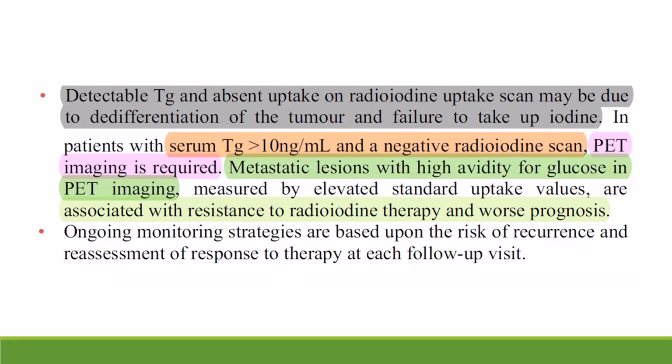In patients with serum TG more than 10 nanogram per mL and negative radioiodine scan, I will go to PET scan. A metastatic lesion with high avidity for glucose in the PET imaging necessitates assessment of this thyroid nodule because the risk of malignancy is about 20%.